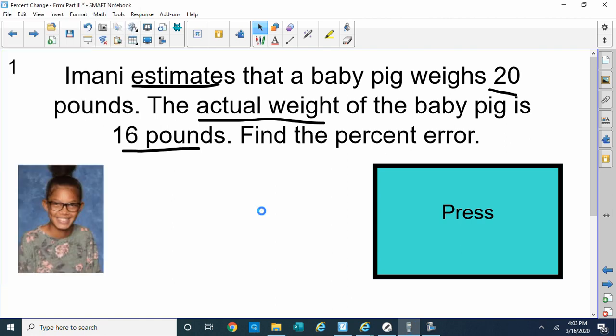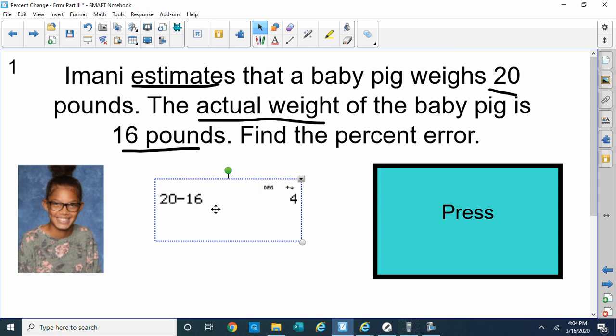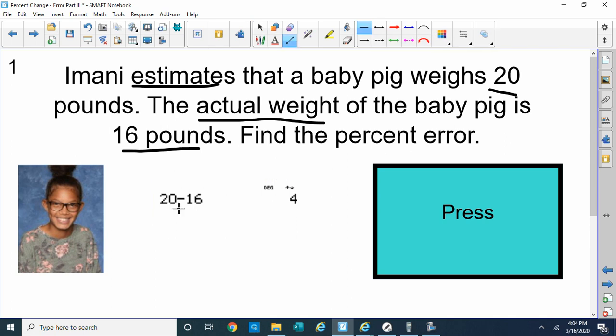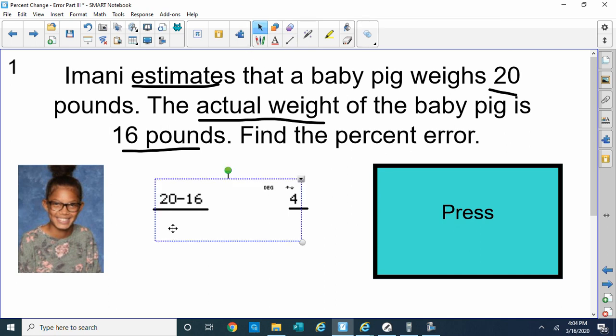So let's bring that out there. Now notice the estimate minus the actual is going to be a positive number, 4, but we're going to divide that by the actual amount. So let's put a little division sign here, and let's put the actual amount, which was 16.